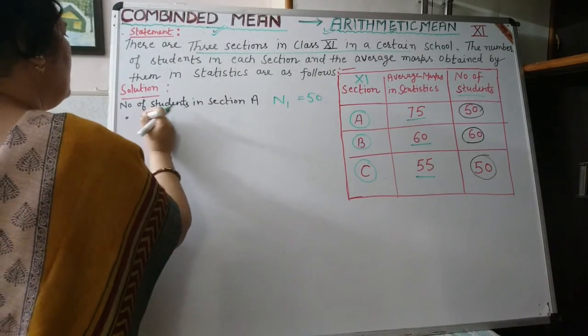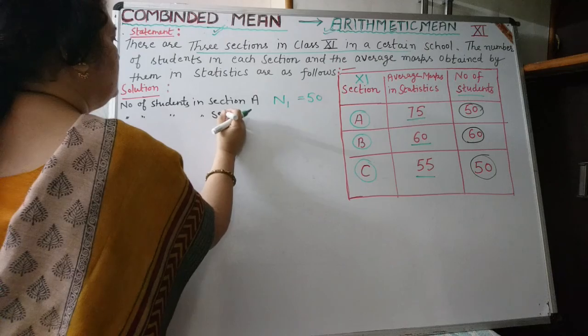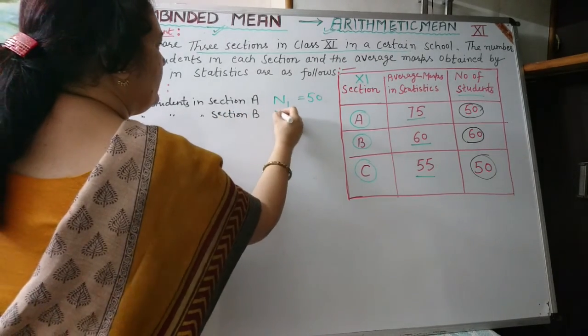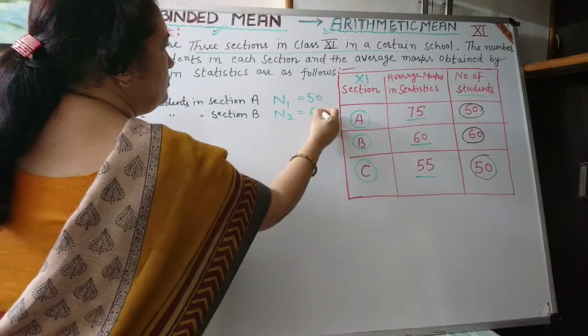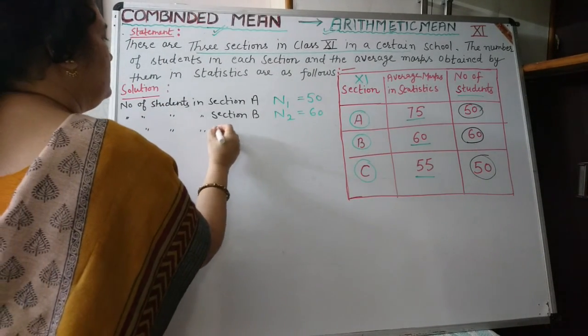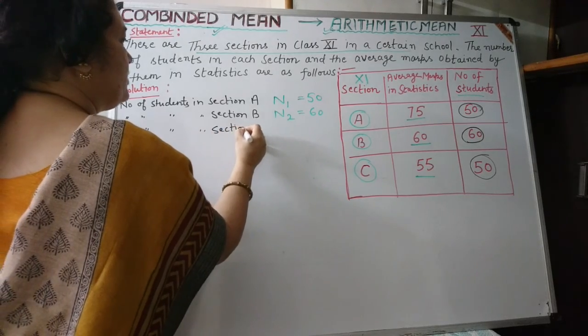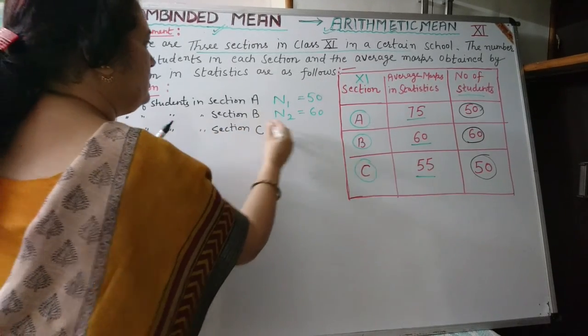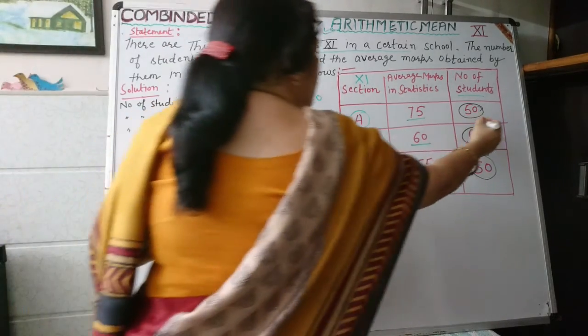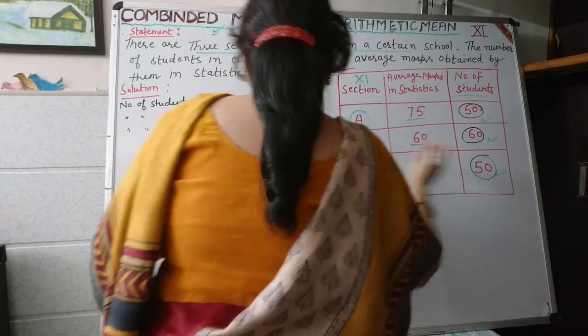Then the number of students in section B, N2, is equal to 60. Then the number of students in section C, N3, is equal to 50. Here the values are given: 50, 60, 50.